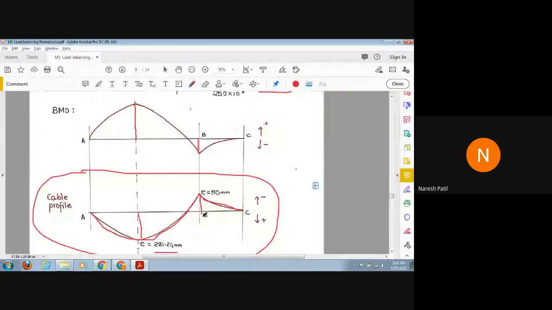Whenever they ask to suggest the cable profile by using the load balancing method, first you have to get the bending moment diagram and the magnitude of bending moment at particular locations. Just now we have calculated the magnitude of bending moment here and here. If you got those bending moments, you can exactly find out the location of the cable profile.